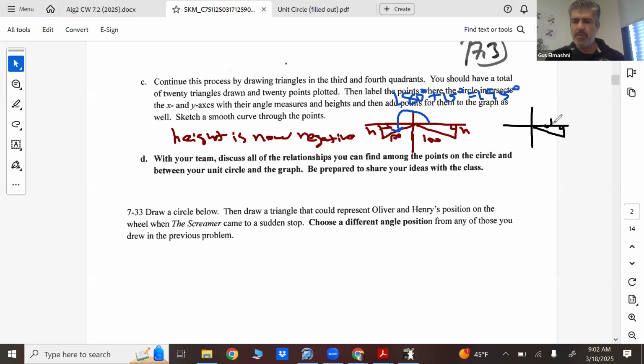Again, that's 15 degrees right here, right? But if I rotate from the positive x-axis, go counterclockwise, how far have I rotated in red? 345. Yeah, good. You guys are getting it. Perfect. So this is teaching you standard position or standard form for an angle. So that's what's happening.